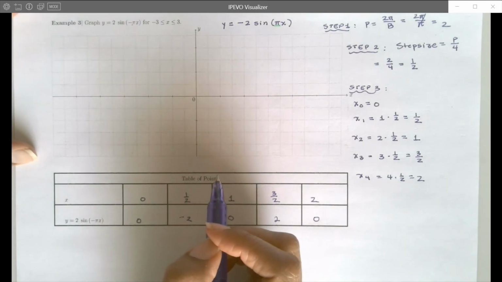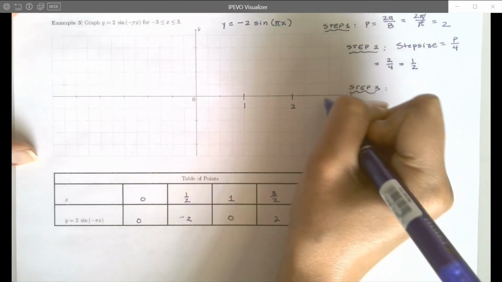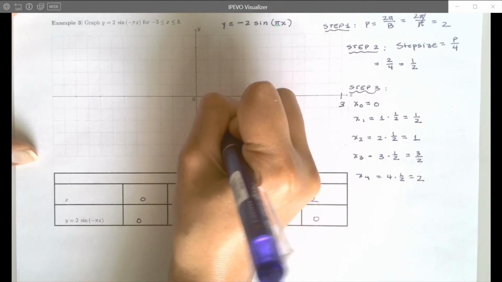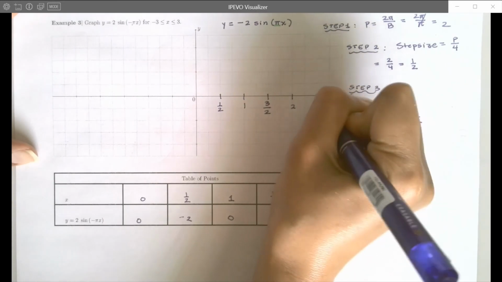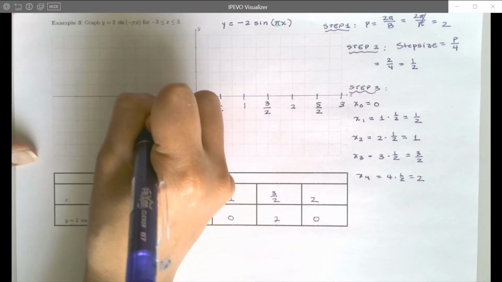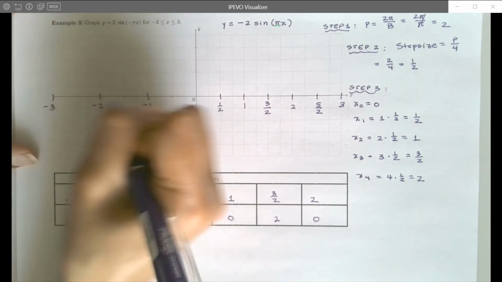So if we make this, let's see, 1, this would be 2, and then we would have 3 here at the end. Then this would be 1/2, 3/2, and 5/2. And same thing going in the negative direction. We'll have -1, -2, -3.